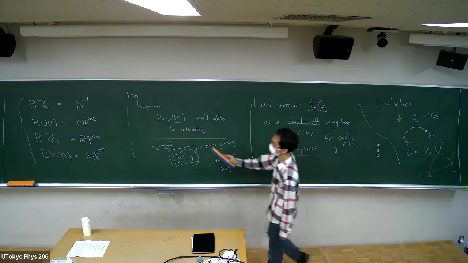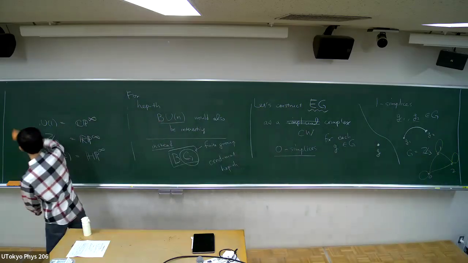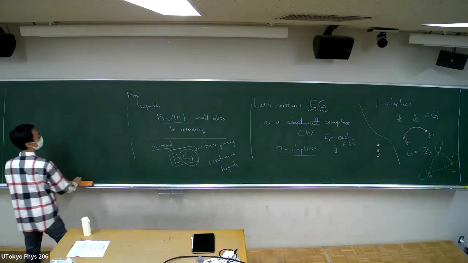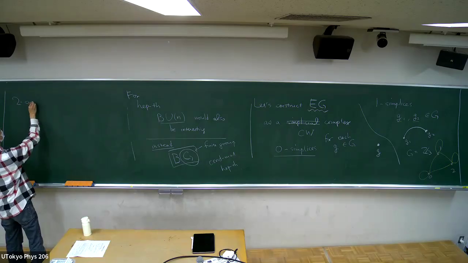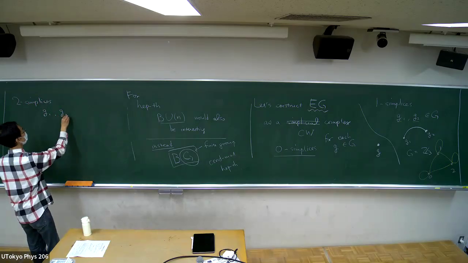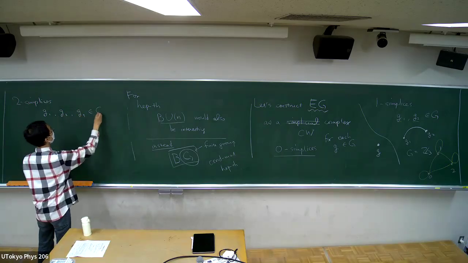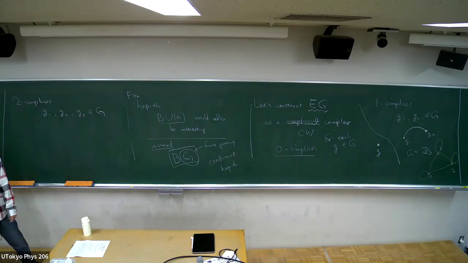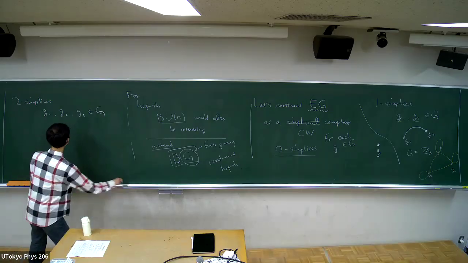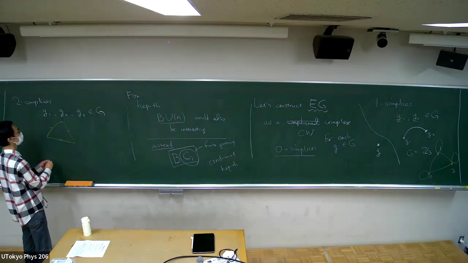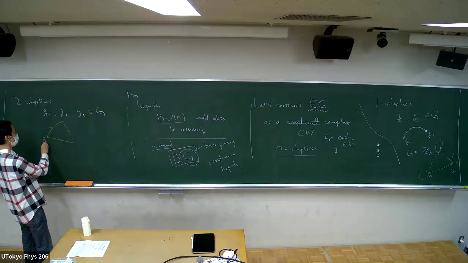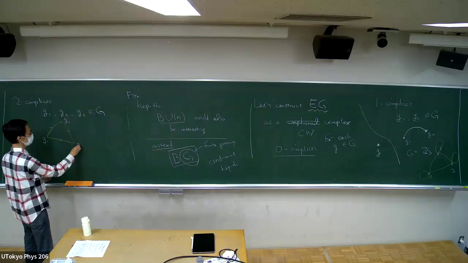And then for two simplices, I just pick 3 elements from G, and I introduce triangles connecting all g1, g2, g3.